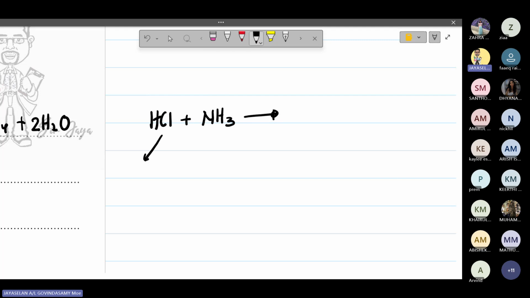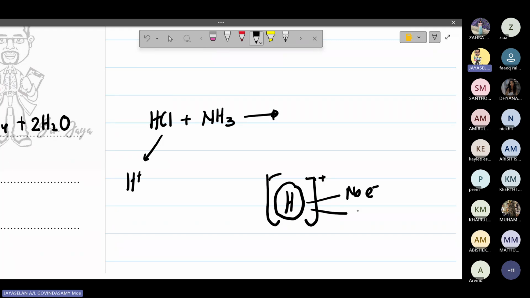Okay, so please remember this one, hydrogen ion. What do you know about hydrogen ion? In the shell, hydrogen ion in the shell, no electron. And it needs how many electron? Need 2 electron to achieve what? To achieve duplet. Understand? Then here we have lone pair of electron.